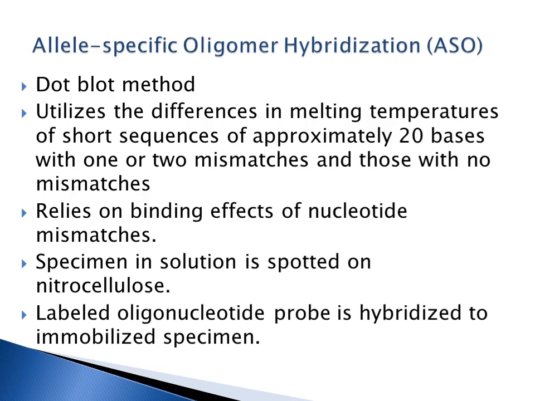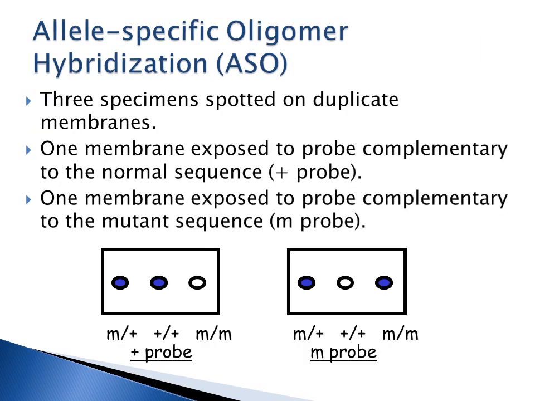So you have your specimen in your solution and it's spotted on your nitrocellulose membrane, making your dots. Then you have your labeled oligonucleotide probe that is going to hybridize to your dotted specimen on your nitrocellulose membrane. So this slide shows an example where you have 3 specimens that you have spotted on 2 nitrocellulose membranes.